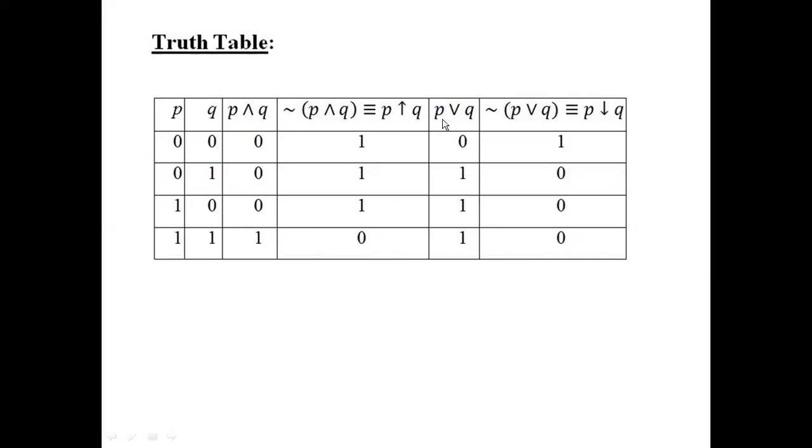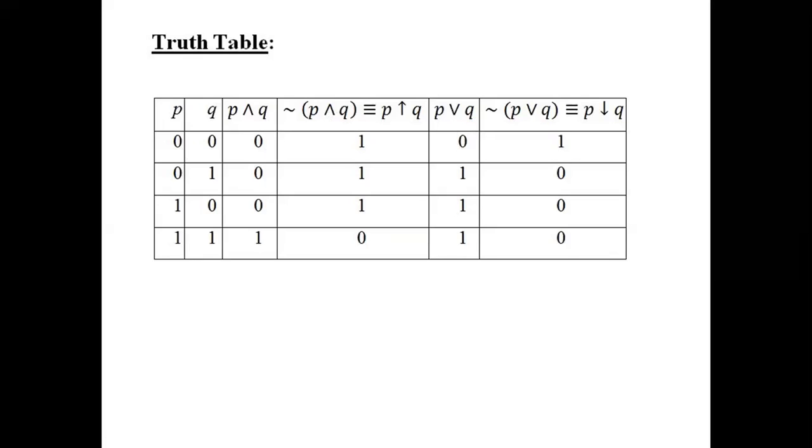Now similarly we'll write down the table for P or Q. P or Q is true when either P or Q is true. So either P or Q should be true for the truth value of P or Q to be true. Only when both P and Q are 0, the truth value of P or Q is 0.